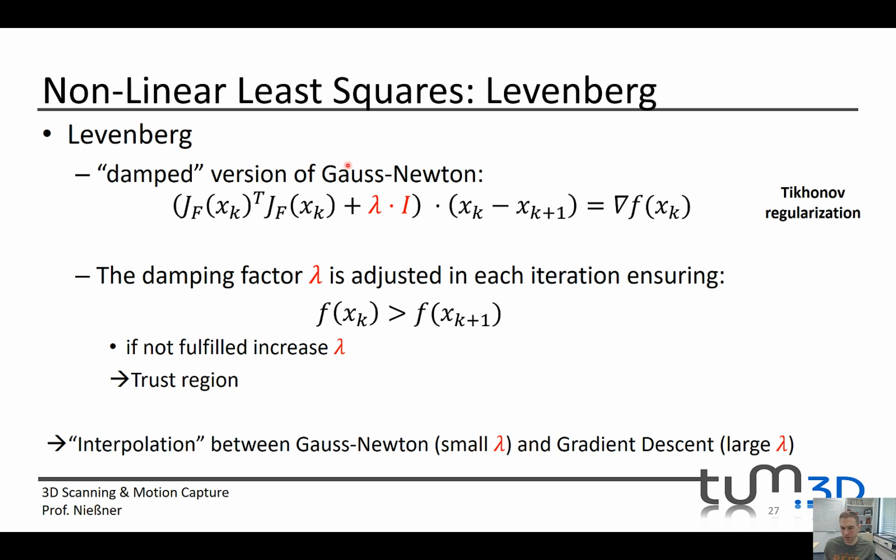There's a bunch of theory behind it, but this dampening factor basically tells you how much should you trust the second order approximation of Gauss-Newton at the current evaluated point. In a sense, it's kind of an interpolation between Gauss-Newton and gradient descent.